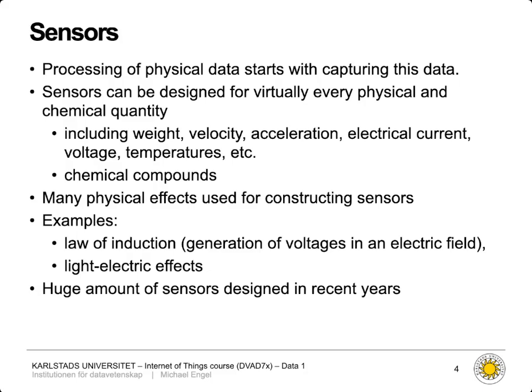And depending on what you want to measure, you usually try to select a physical effect that transforms this quantity you're going to measure into an electrical signal, so usually a current or voltage. And this can be used like with the law of induction, so you could try to generate voltages in an electric field when something moves, or you could use photoelectric effects, for example, for photosensors.